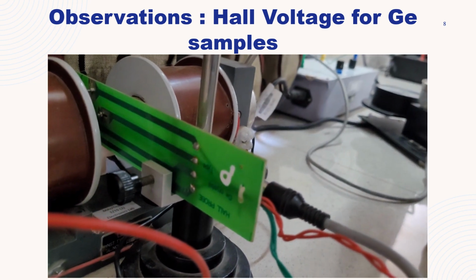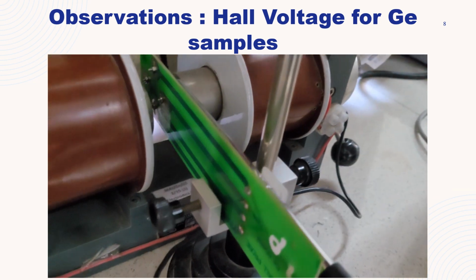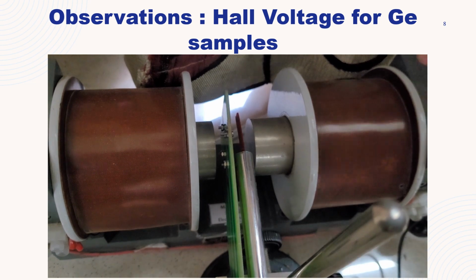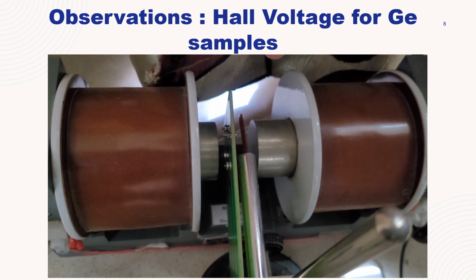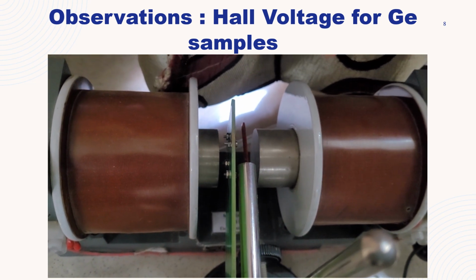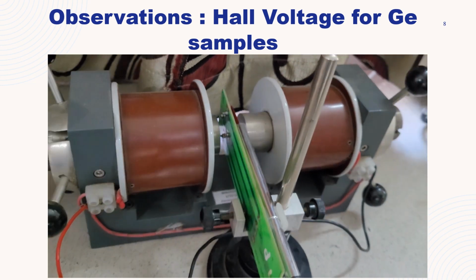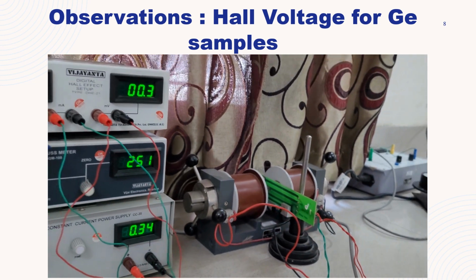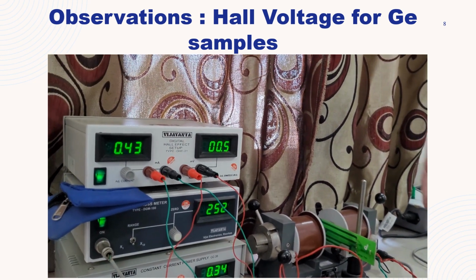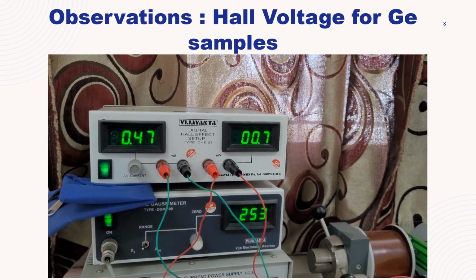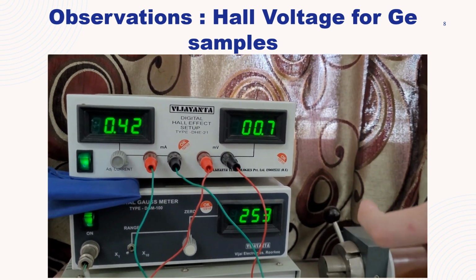While placing this Hall probe, one should be very careful about the arrangements. Neither the Hall probe nor the Gauss probe should touch either of the Helmholtz coils. So now, to record the variation of Hall current and Hall voltage, we'll set the magnetic field at some constant value.